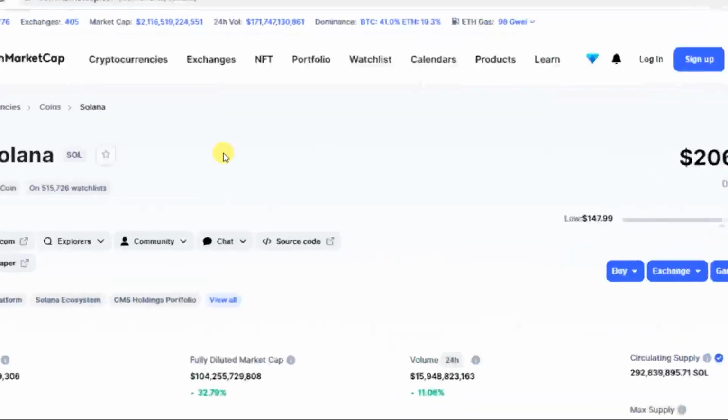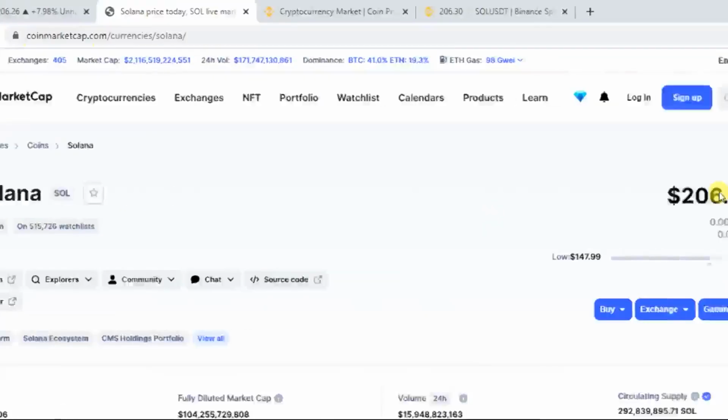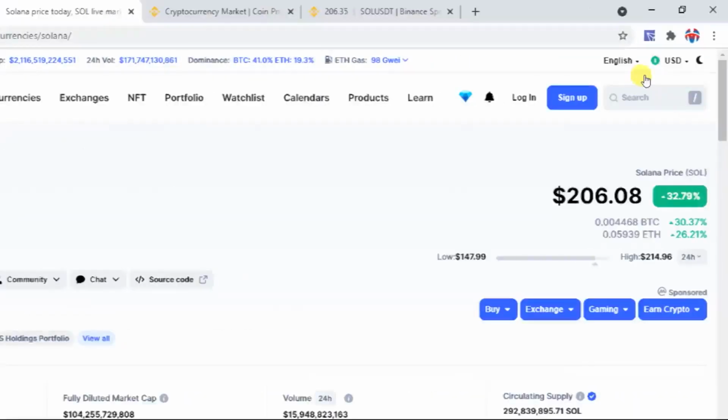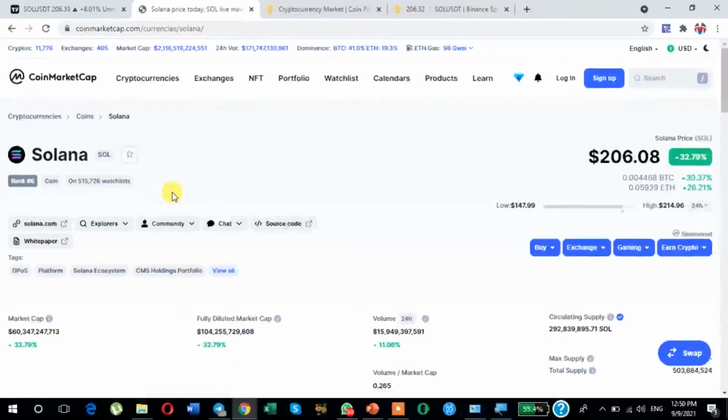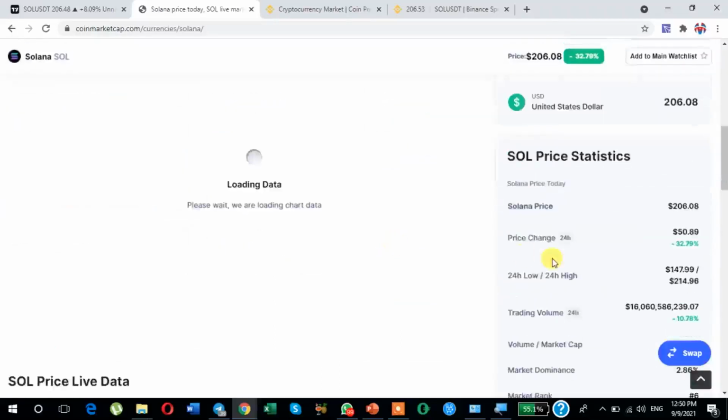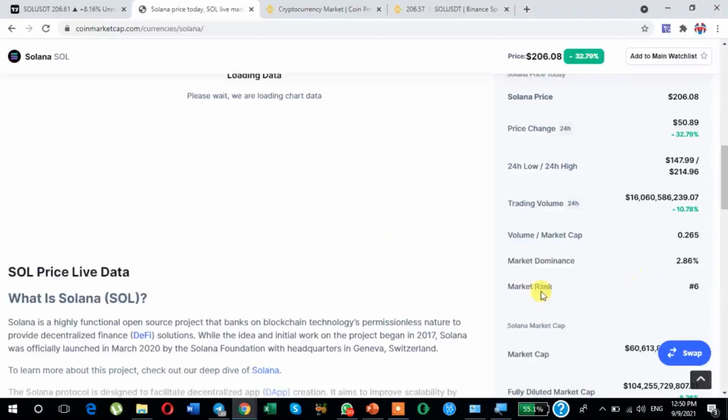And you can also check on coinmarketcap.com. Type Solana in the search box and this window will appear. Its current price is 206, the low price is 147 and the high is 214. Check here something more, market rank is 6, it's good.